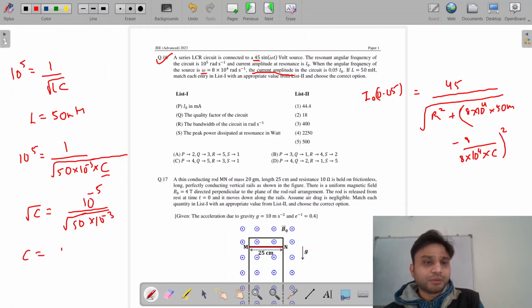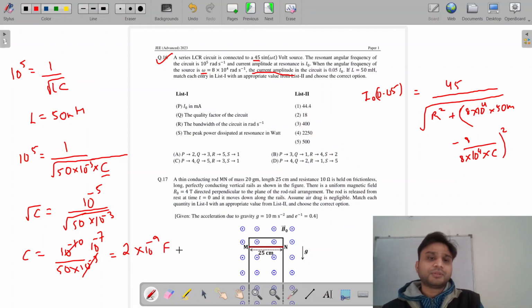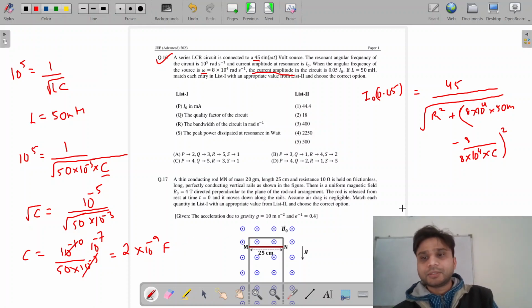So C is equal to 10 to the power minus 10 divided by 50 into 10 to the power minus 3. So that is 10 to the power minus 7 divided by 50. So that is 2 into 10 to the power minus 9 farad. So this is 2 nanofarad, that is the capacitance.